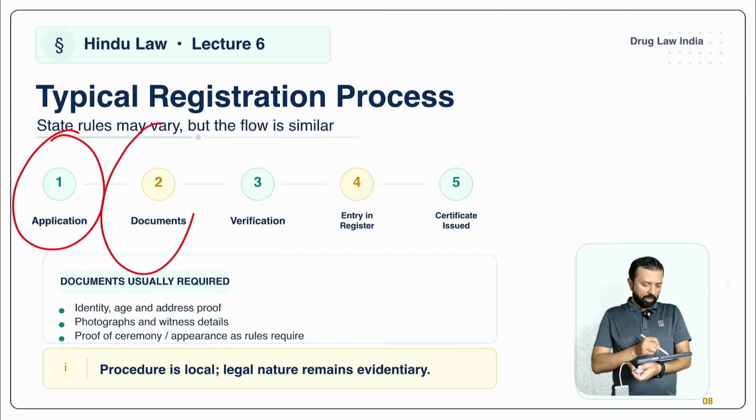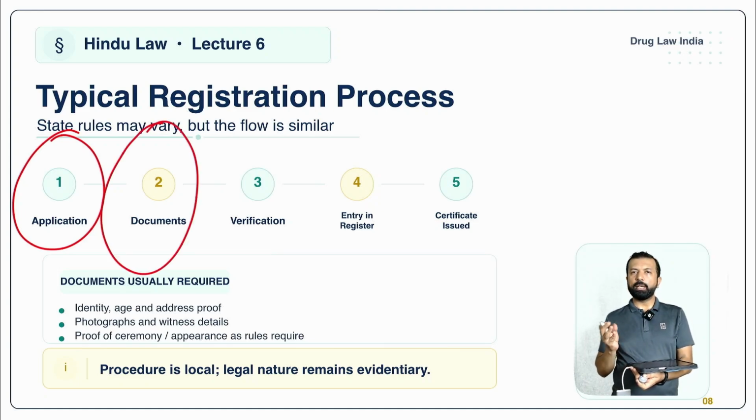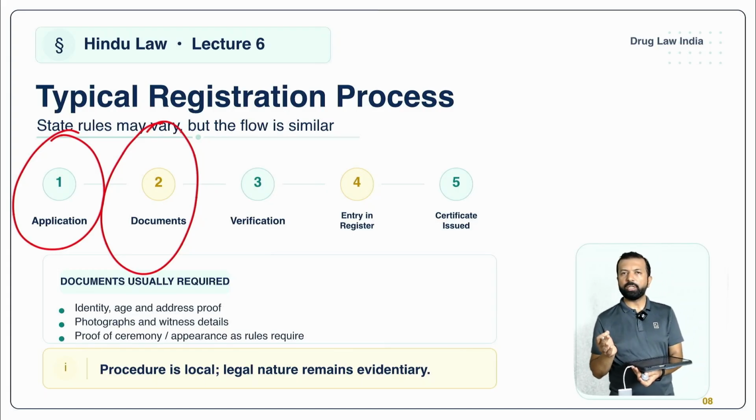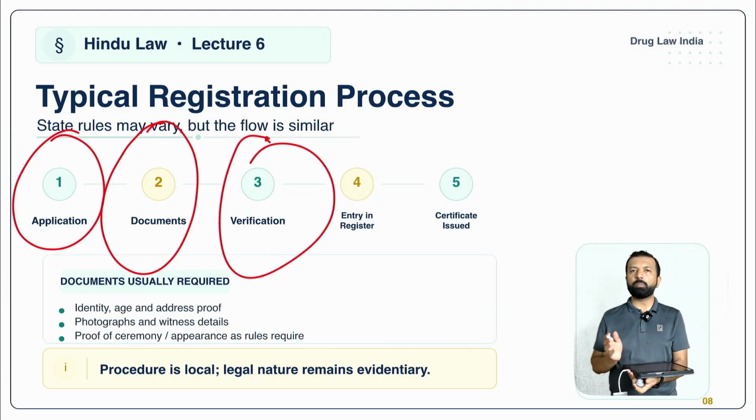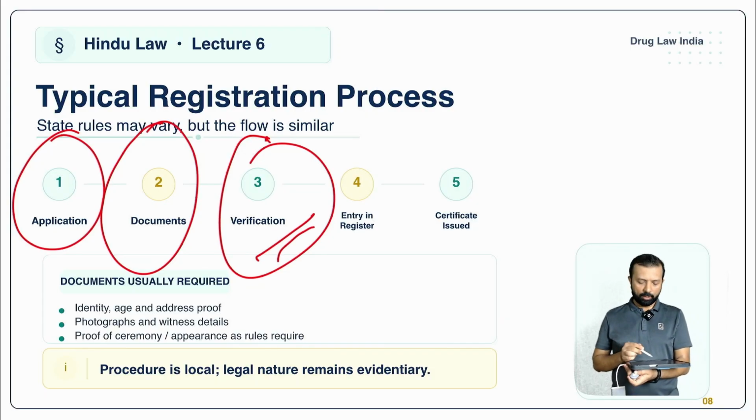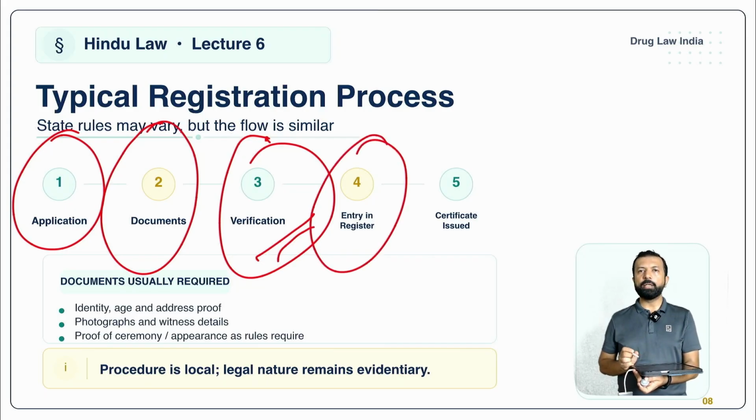Secondly, there are documents involved, usually identity proof, age proof, address proof, then photographs, proof of solemnization and witness details are also required. And thirdly comes verification, where the authority verifies the particulars. Depending on the rules, the parties and the witness may be required to appear and sign before the registrar during verification. And the fourth step is the entry into the register.